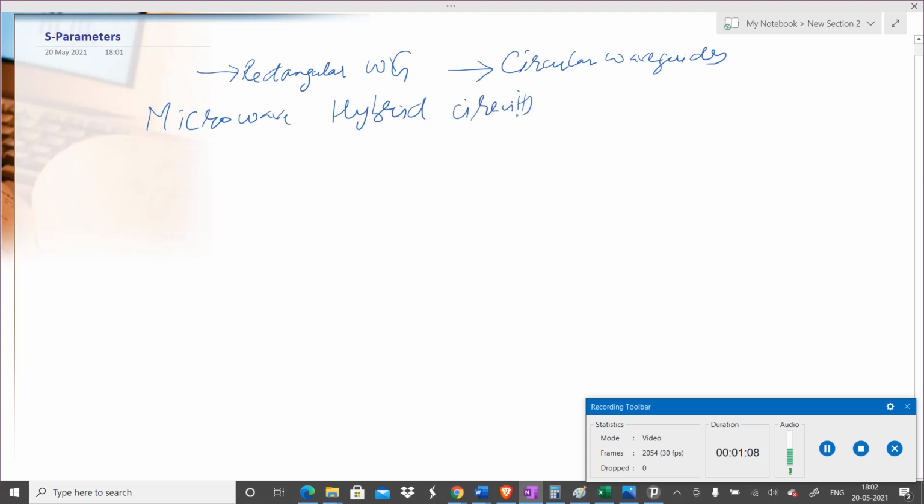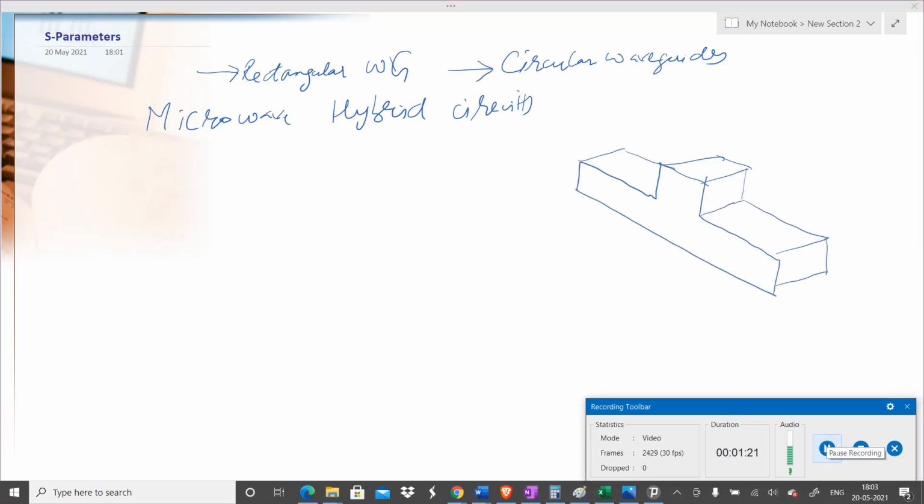If you see the transmission lines, we have transmission lines and then several connectors. In the same way, you may have a microwave hybrid circuit like this. This is also called E-plane T. We'll see later what it does, but empirically we can see that it has several ports.